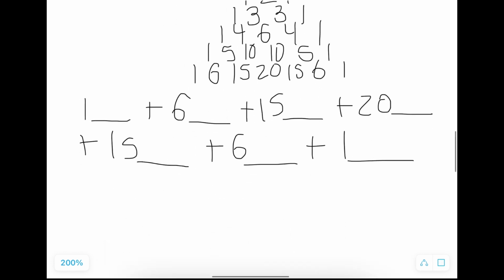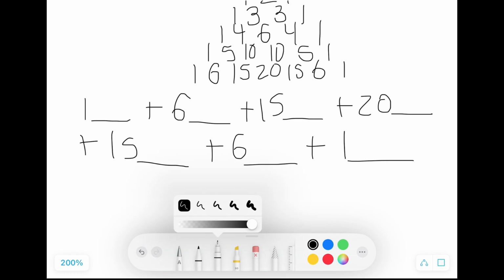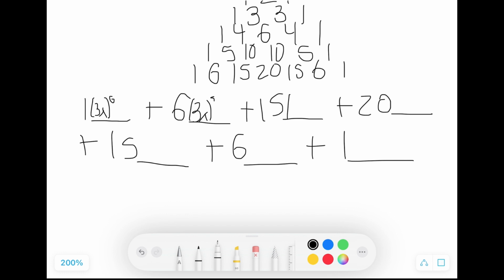So as we come back down here, we're first going to multiply by 3x to the 6th, and then 3x to the 5th, 3x to the 4th, 3x to the 3rd, 3x squared, 3x, and then 3x to the 0 we know is just 1, so we don't need to write that one.